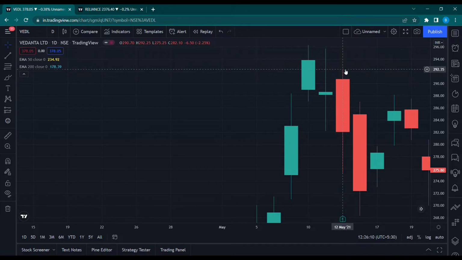The highest price reached by the security on 12th May was around 292, and the lowest price was around 275. That's a massive move on the downside, down by around 2.25%. So that is the basic difference between green and red candlesticks. Hope you guys are clear on what candlesticks mean, and let's proceed to our next section.